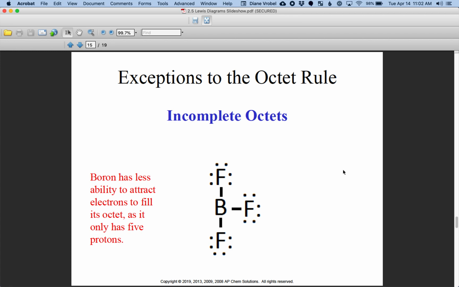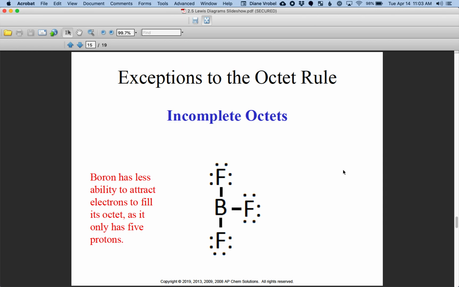Okay, here are some exceptions to the octet rule. So you need to know that there are certain atoms that are okay with not having 8 electrons. Now, boron has the ability to have fewer electrons. So boron is one of those exceptions to the rule where, because of its core charge, it is okay with only having 6 electrons within its octet.